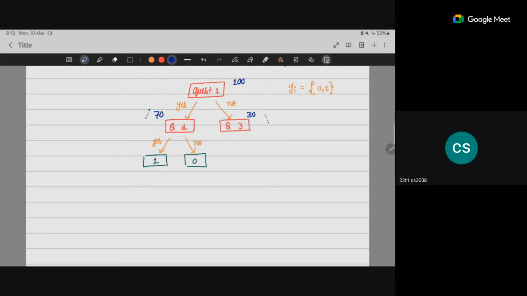Of the 70, again I make a split, and after splitting, say there are 40 here and 30 here. Now, the sklearn implementation of decision tree has some hyperparameters. One of them is how many samples a node should have if I want to make a split out of it. That is your minimum sample split.